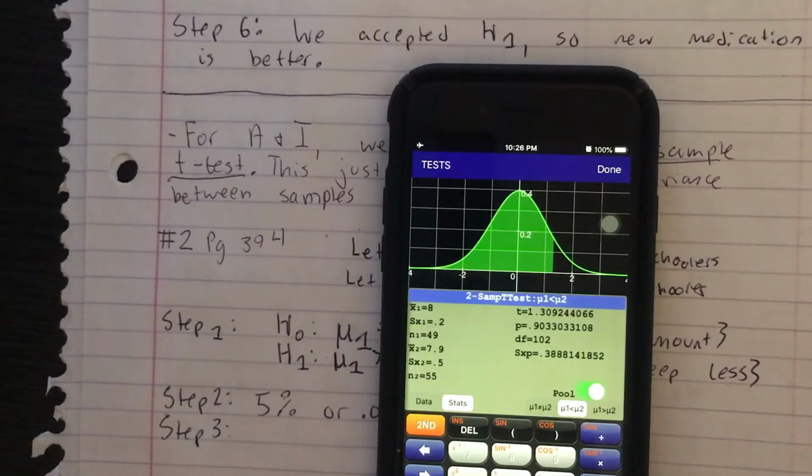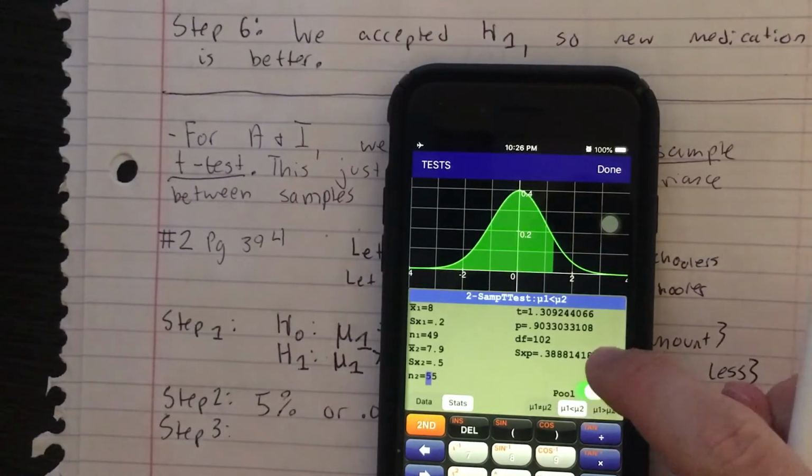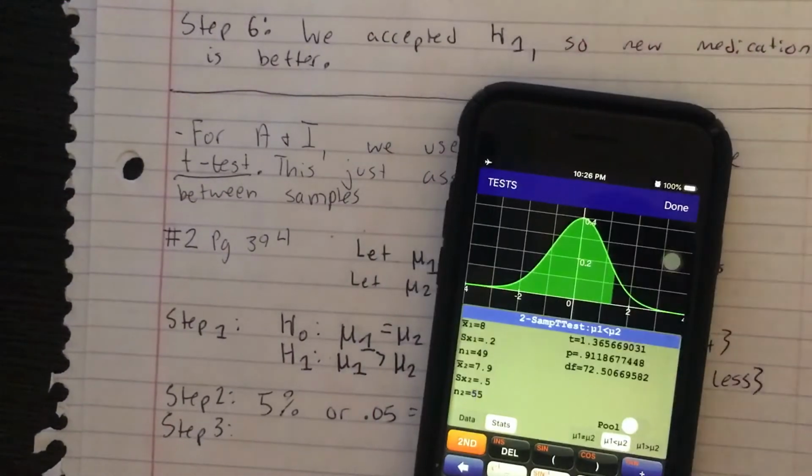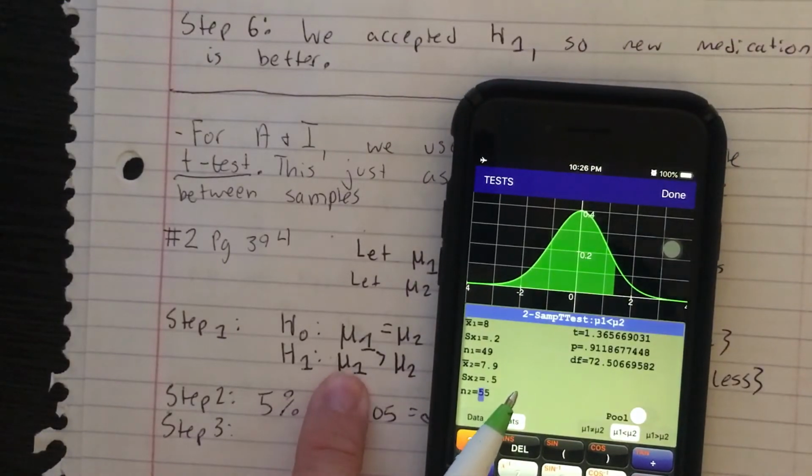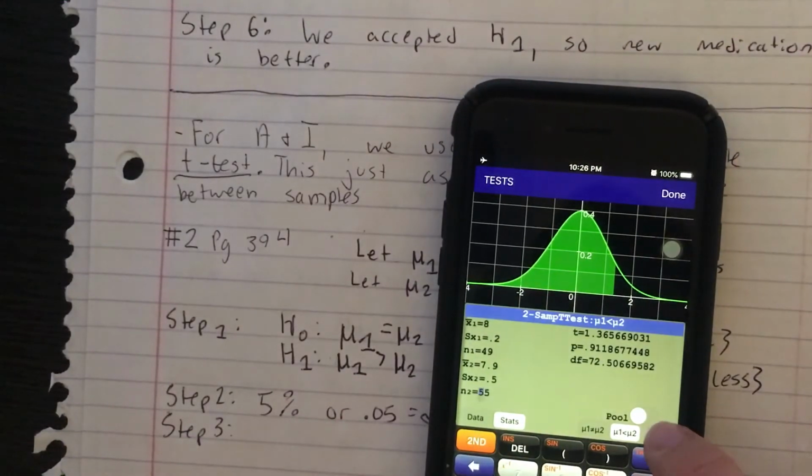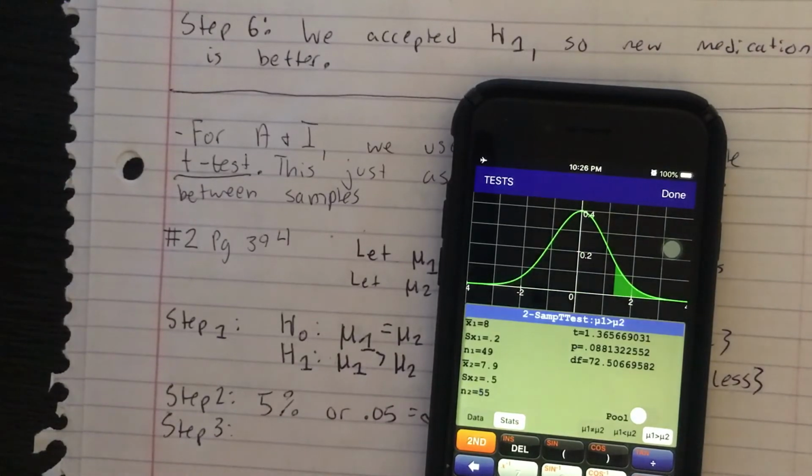So our test statistic, hold on, let me make sure that I've done this right. We've got that mean 1 is greater than mean 2, so I did not have that right. Let me make sure I've got everything punched in correctly real quick. 8, 0.2, 49, 7.9, 0.5, and 55.